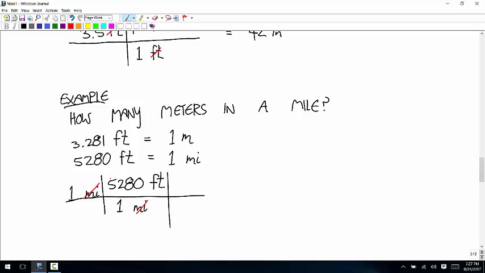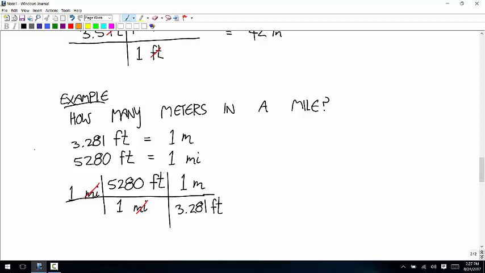And now I want to go from feet to meters. What's the unwanted unit for this step? Feet. So I want feet to be in the denominator of the thing that I multiply. So 3.281 feet is equal to 1 meter.